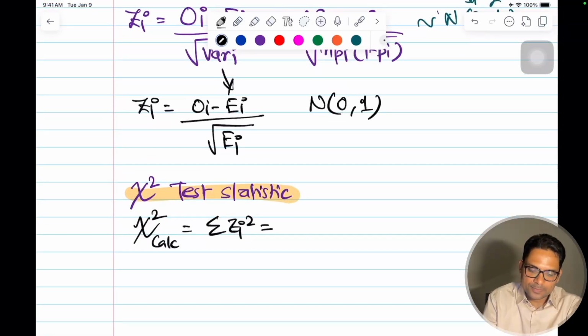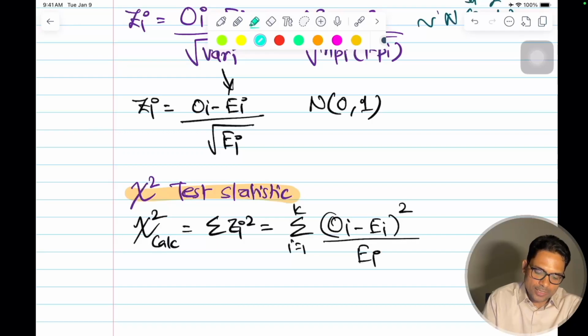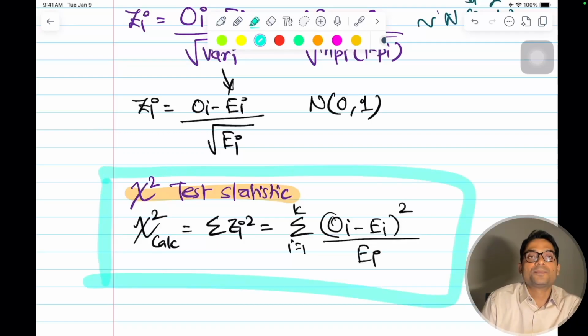Zi is this, plug it here. If the number of categories is k, then i goes from 1 to k, of Oi, the observed count of the ith category, minus Ei, squared, and the square root of Ei will go off, so this becomes Ei as it is. So this is your chi-square test statistic.